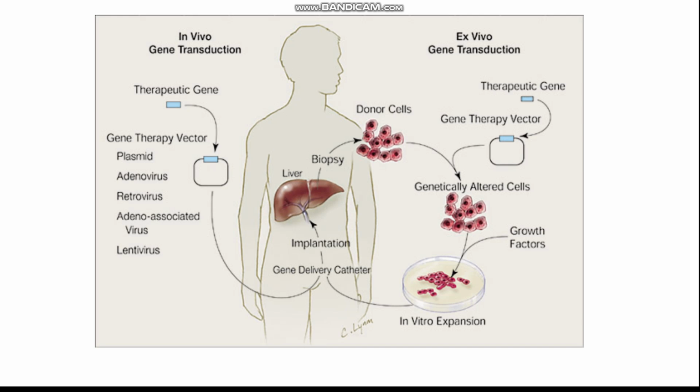Essentially, if we're talking about ex vivo gene transduction, what we're doing is taking the patient's cells, extracting them and manipulating them outside the body. So this is ex vivo gene therapy. Now, rarely in some cases we use in vivo therapy, where cells get treated while in the body.